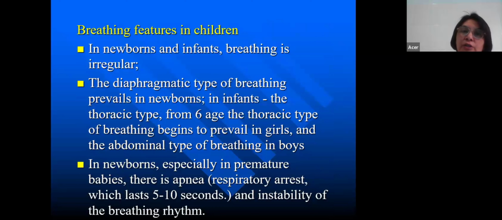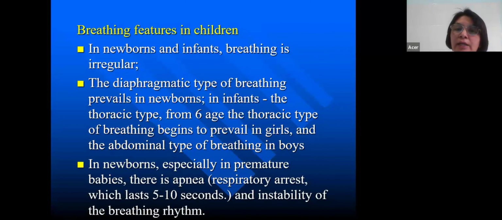Breathing features in children. In newborns and infants, breathing is irregular. This is a normal condition. Types of breathing. Diaphragmatic type of breathing prevails in newborns. In infants, thoracic type.